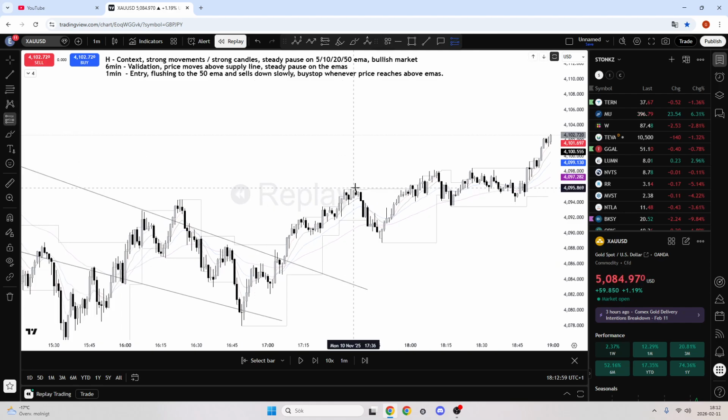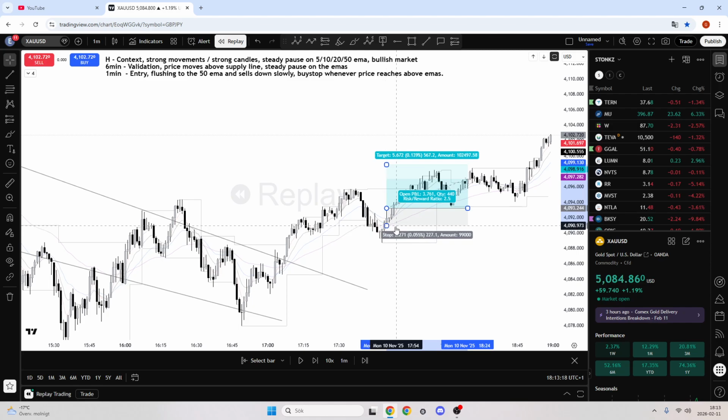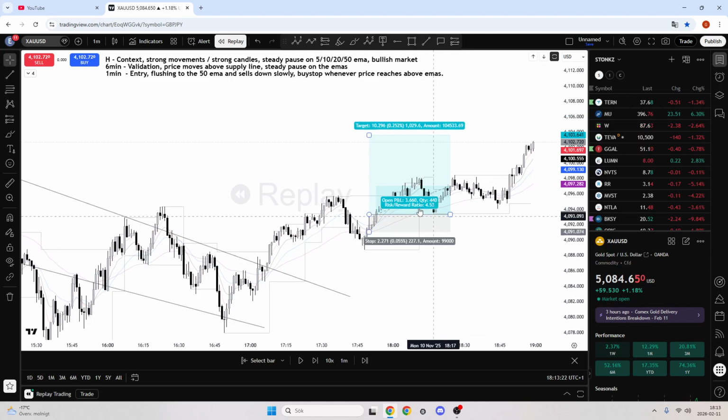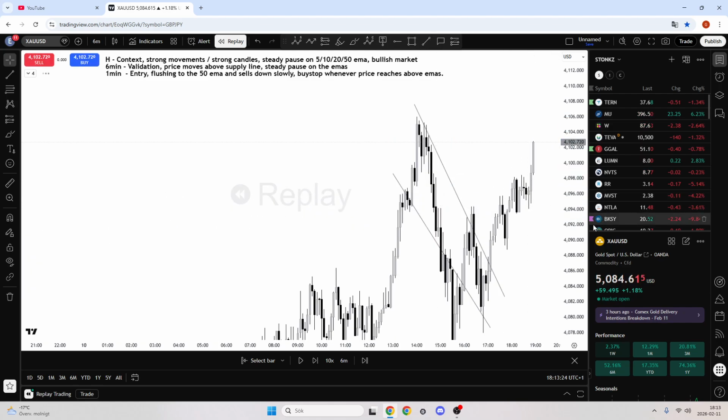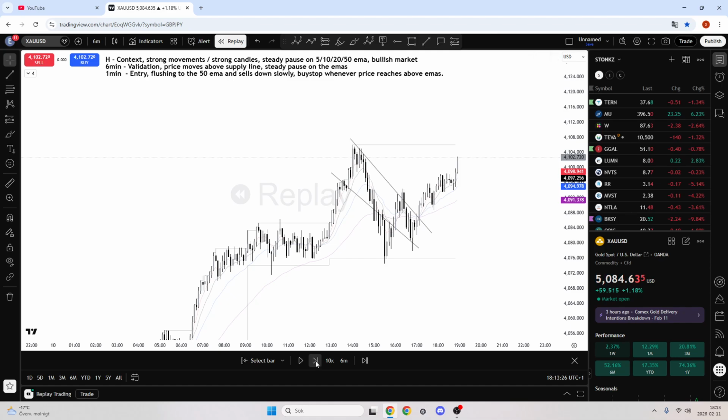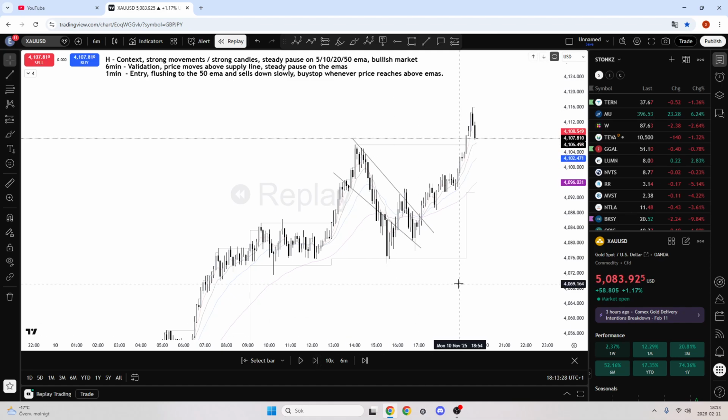Price flushes here, as you can see, flushing to the 50 MA and sells down pretty slowly, creating kind of a channel to the upside. Buy stop whenever price reaches above the MAs. So whenever price reaches above this 10, 20 MA, I could simply buy stop this, throw my stop there, and take it to the upside. We missed this opportunity, so we're gonna skip it for that reason. But let's see if another opportunity comes along.